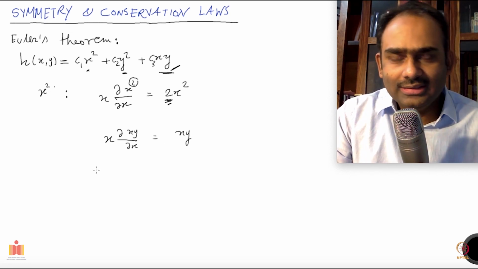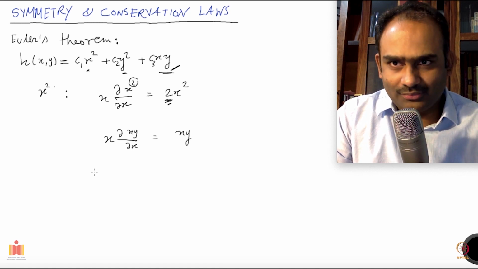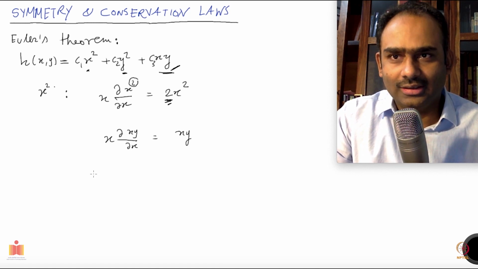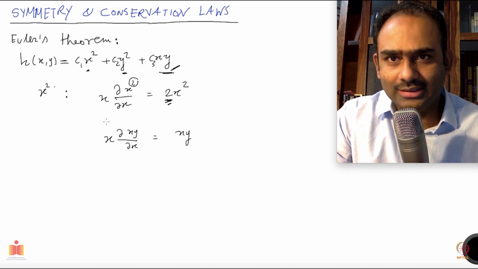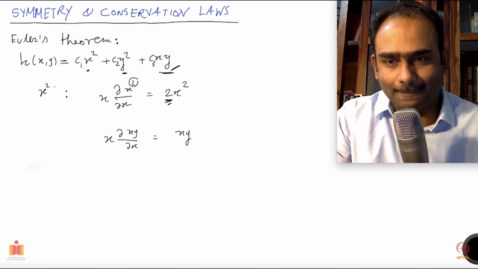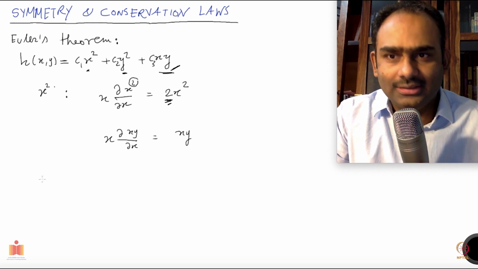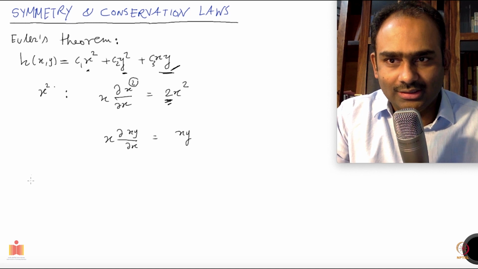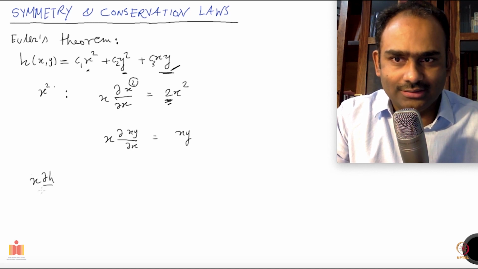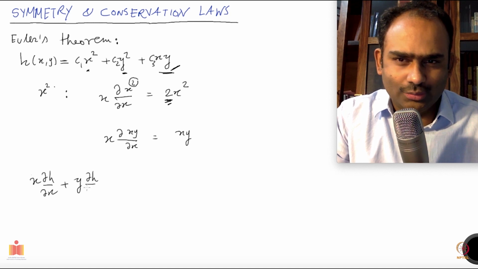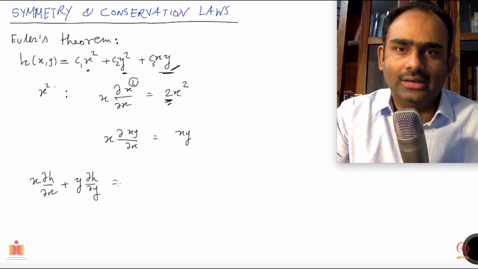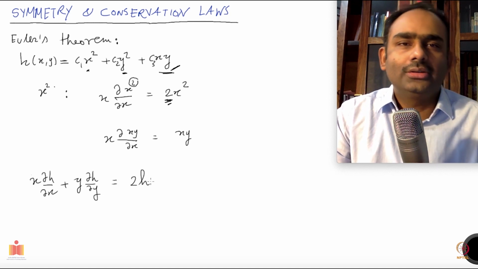So you can already see probably that if I take a function which is homogeneous of second degree, then the following is going to happen. If you take, in this case for h, x del h over del x plus y del h over del y, then you are going to get 2h.